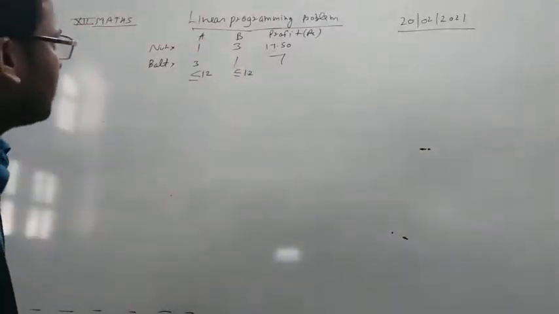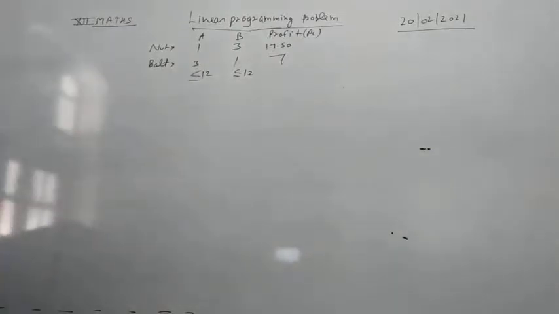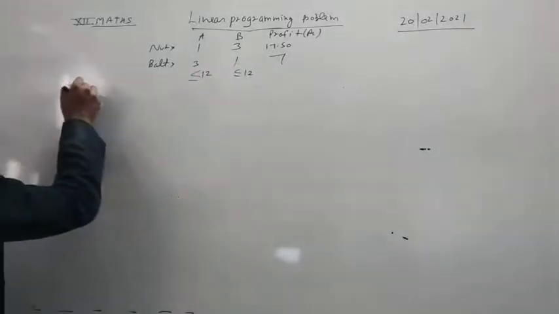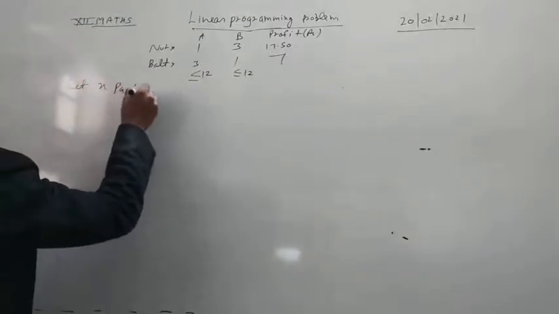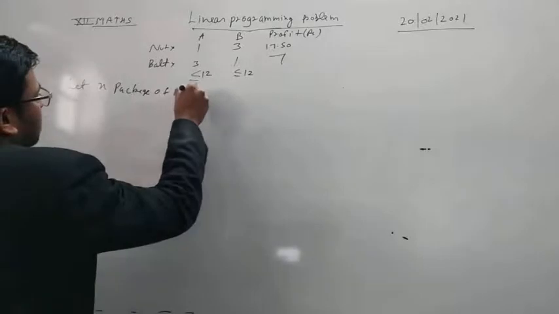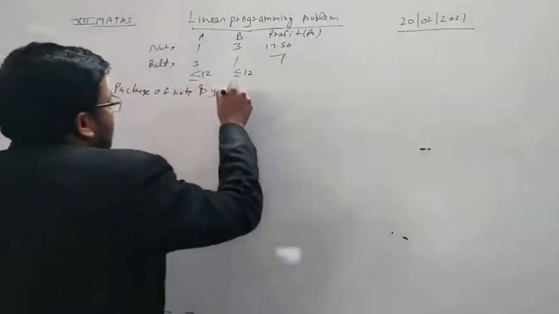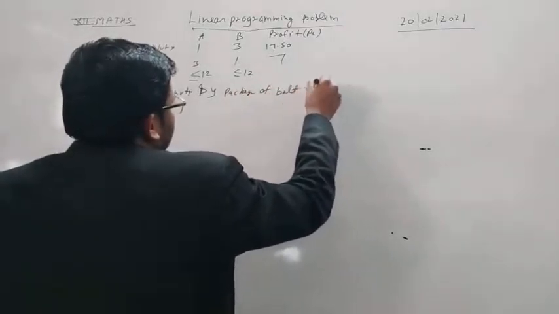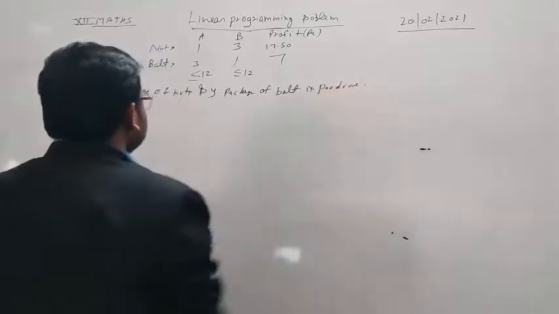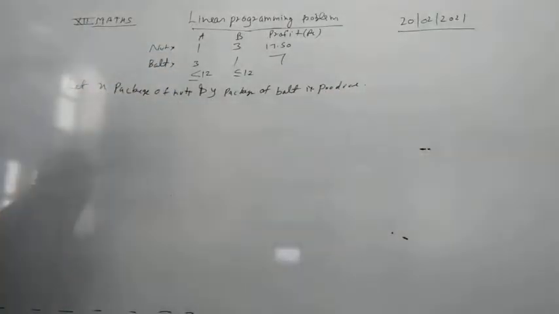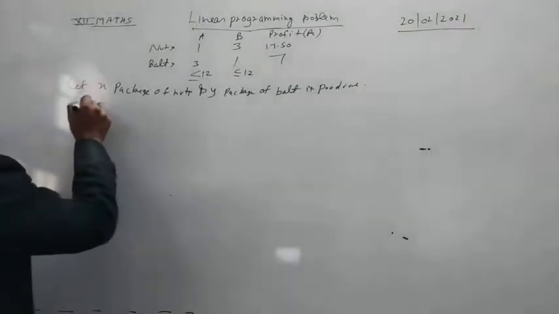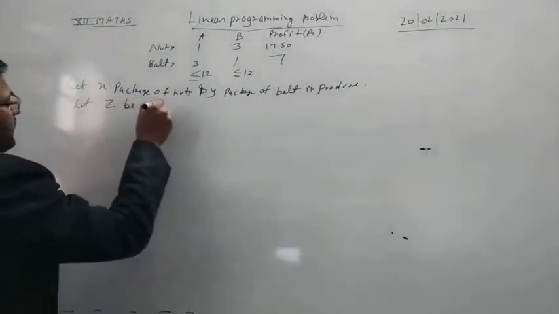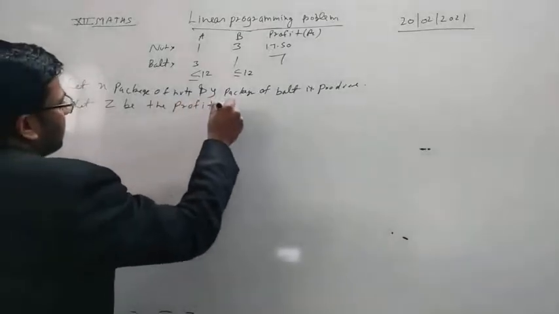So we take that x packages of nuts and y packages of bolts are produced. Let Z be the profit function.